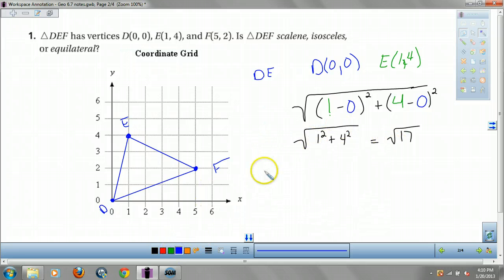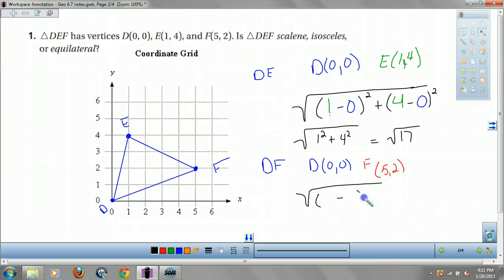Alright, next let's find DF. Again, D is (0, 0) and F is (5, 2). I'm going to use the same setup: square root of the difference of x's squared plus the difference of y's squared.